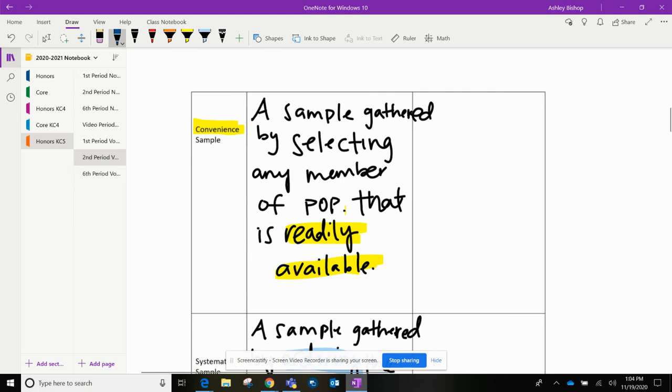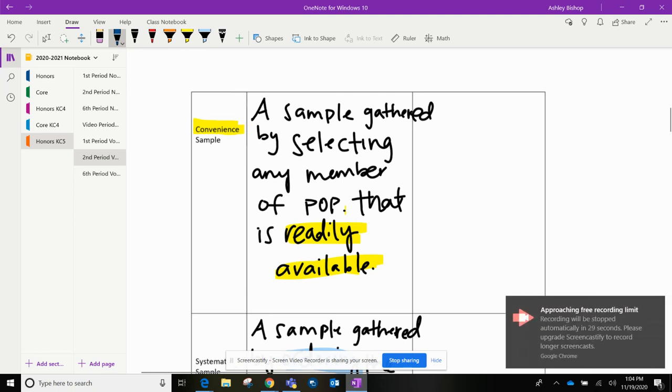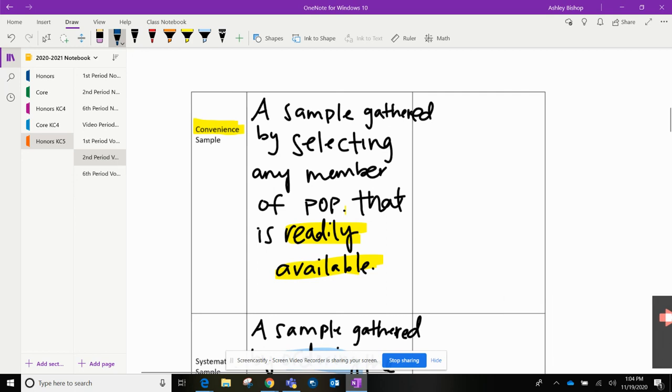If I want to find students at Morton West that are enjoying remote learning, maybe I would set up my survey table right at the exit of the school where you pick up your lunches. You would have to run into me in order to pick up your lunch, so it's just convenient that you answer this survey.